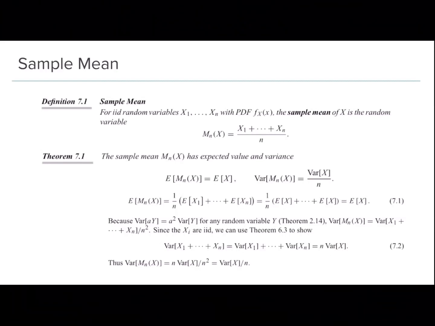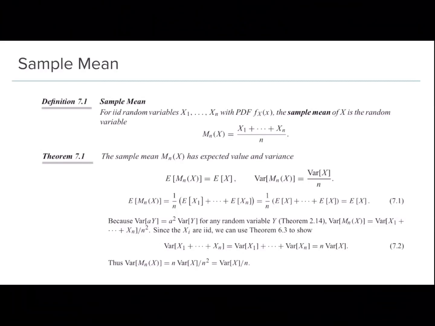So since Mn(X) is equal to X1 plus X2 till Xn divided by n, or W by n, the variance of Mn(X) will be equal to the constant squared, which is 1 over n squared, times Var[W], or 1 over n squared times Var[X1 plus X2 till Xn].